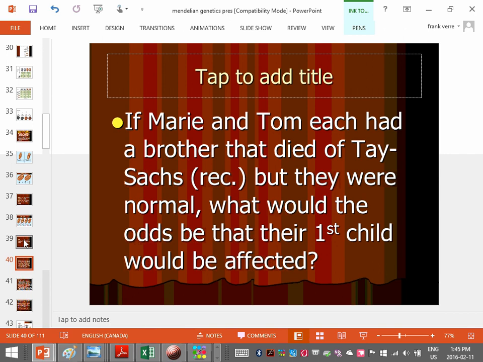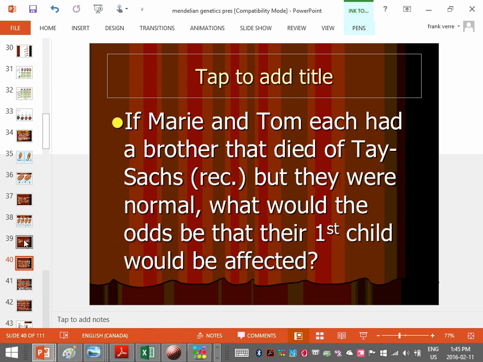So here's the question, okay? We have Marie and Tom. They're not related. And each of them had a brother that died of a disease called Tay-Sachs. Tay-Sachs is a genetic condition where the brain cannot break down certain substances. I can't remember the actual substance now.